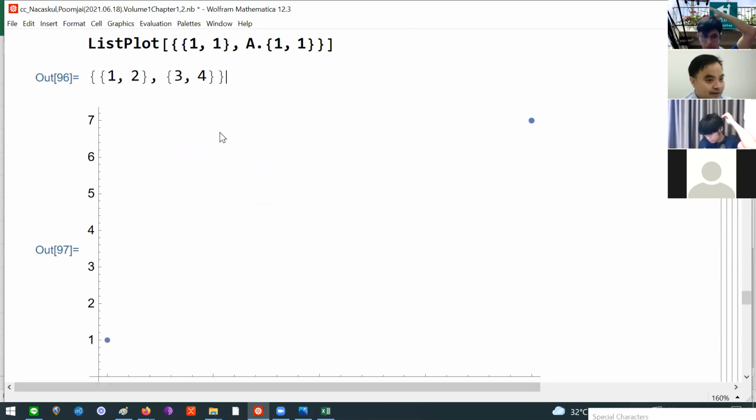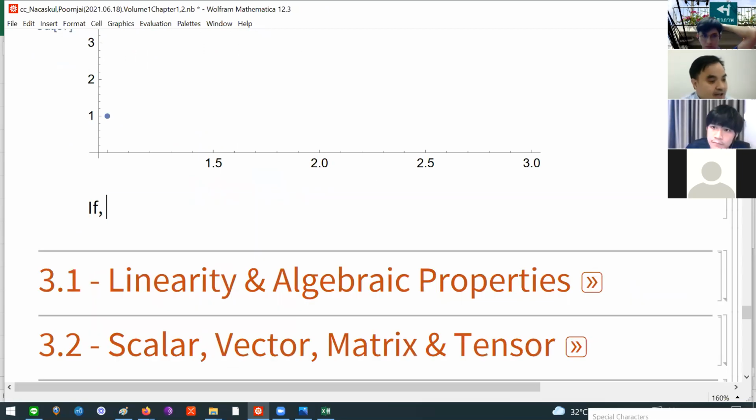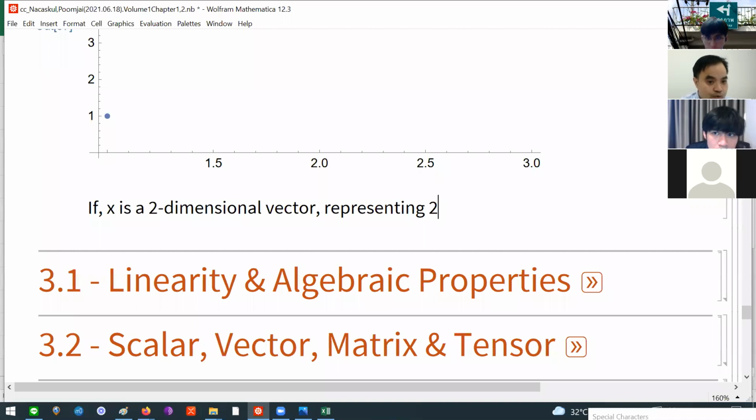What I want you to see is if X is a 2-dimensional vector of real numbers, I can represent a 2D coordinate.